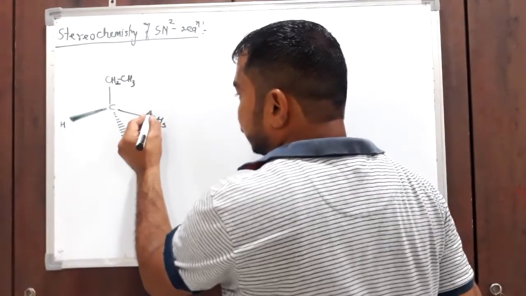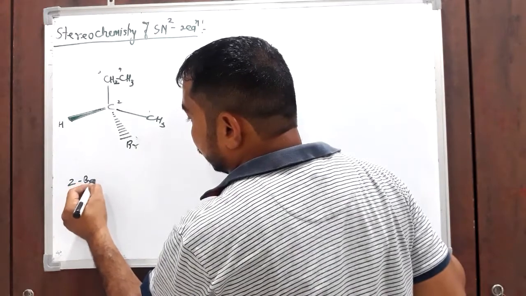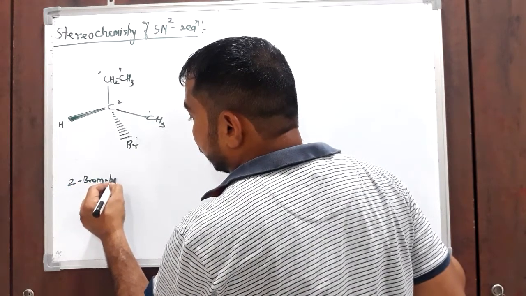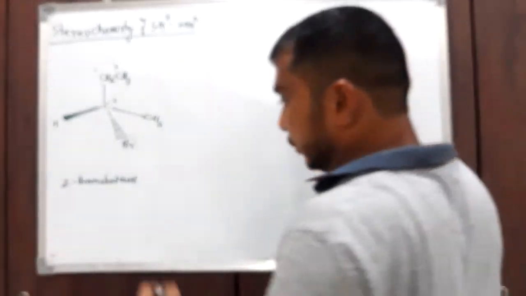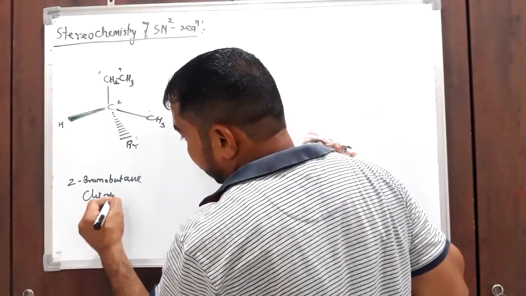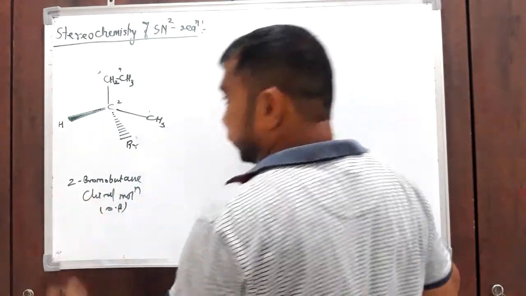The name of the compound is 2-bromobutane, and this molecule is a chiral molecule and it is optically active. And its configuration, see its configuration.